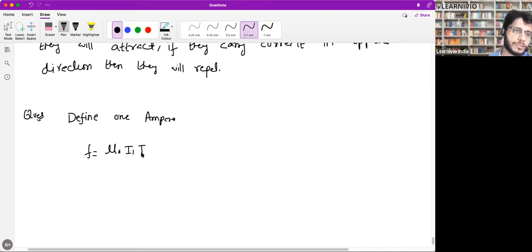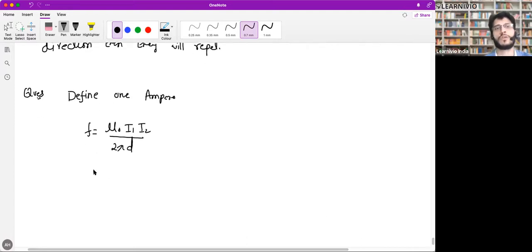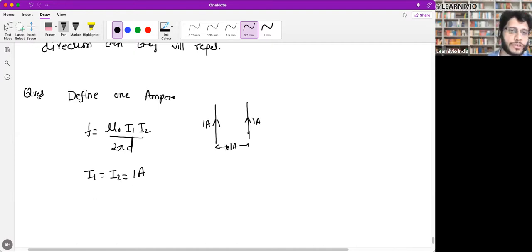This is the expression between two conductors. So if I take I1 equal to I2 equal to 1 ampere, means you have two long conductors, both carrying current of 1 ampere, and I place them at a separation of 1 meter.